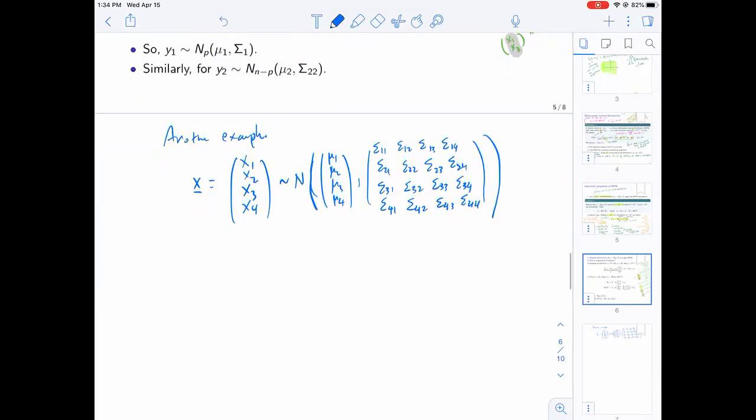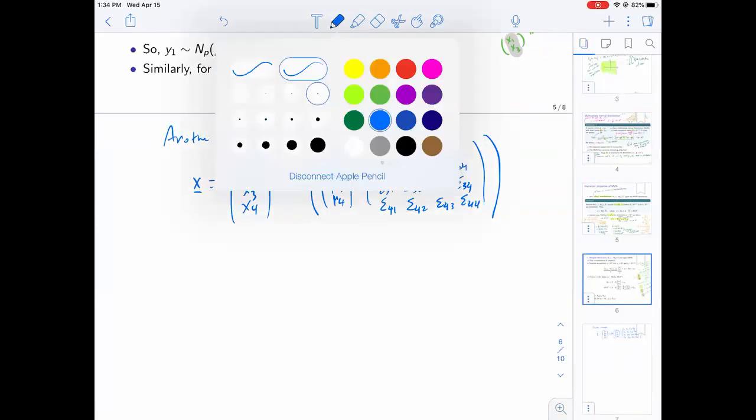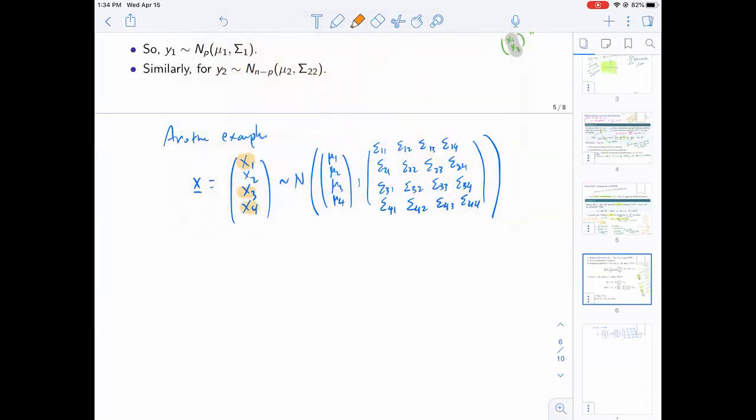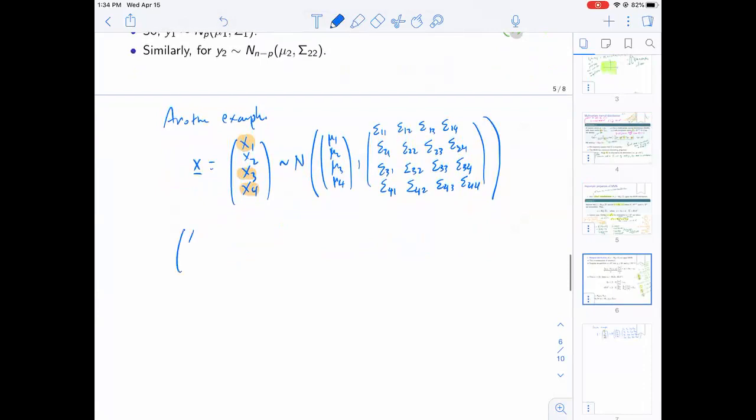The idea is that if this vector has a multivariate normal distribution, then this other vector, where I take this piece and this piece, x1, x3, x4, is also going to have a normal distribution with a certain mean and a certain covariance matrix, and likewise for any other combination of the elements. Can anyone tell me what the mean and the covariance will be?